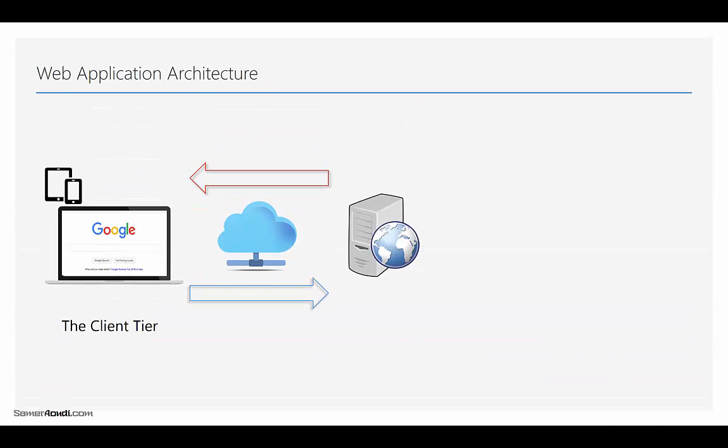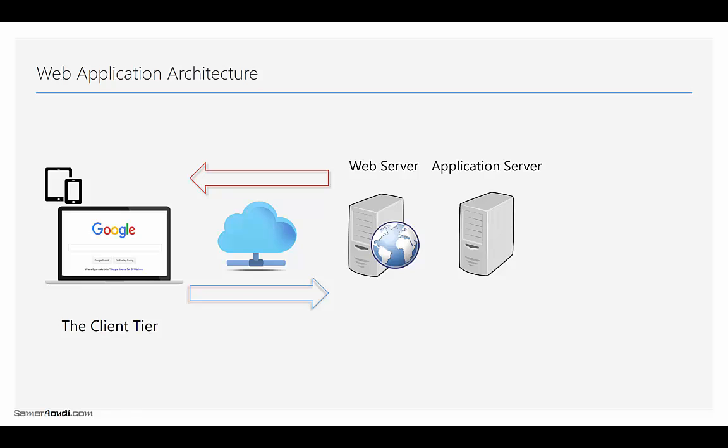All right, let's expand this picture a little bit. So I mentioned that we access a server, and we said that usually the web server. But in a more complex environment, there are usually multiple servers. For example, I might have a dedicated advanced server called the application server, which is basically responsible for business logic and functionality.